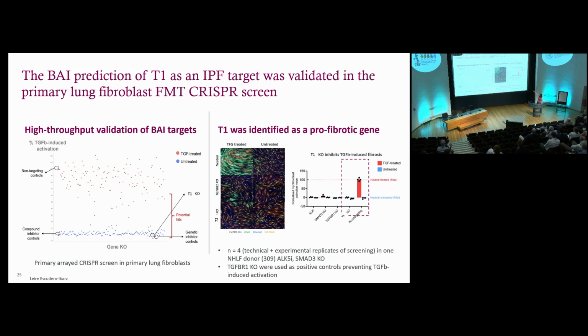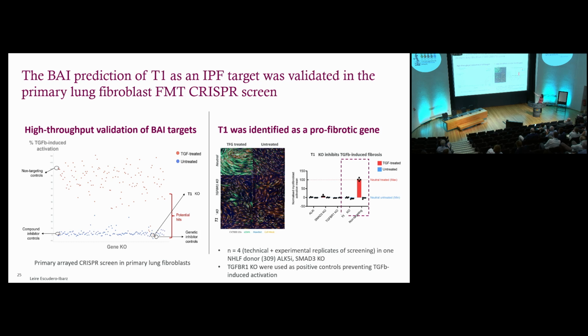In the top row, you just see a control condition where you have the untreated condition, and you see that alpha-SMA is really expressed upon TGF treatment. On the row below, we have our control gene. This is a TGF-beta receptor knockout. And we would expect that in this knockout, we don't see the fibroblast activation.